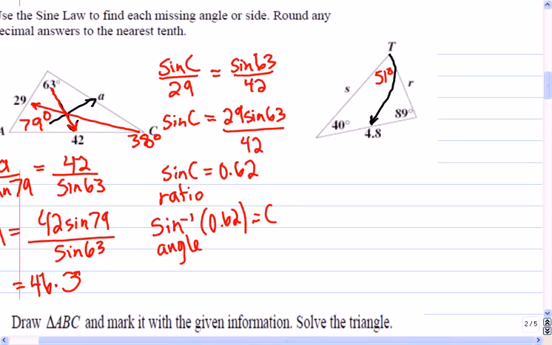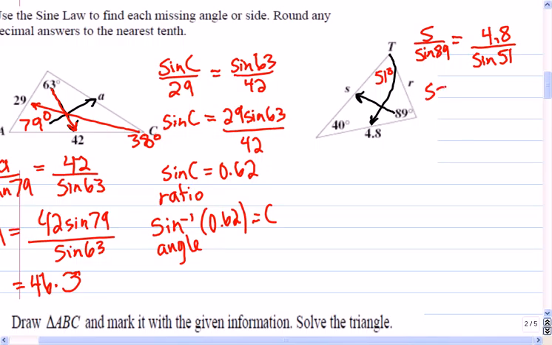So we can pick either side that we want. I'll pick this one. If I'm looking for the missing side, which is s there, then I'll put s on top to make it easy to solve. So s divided by the sine of 89 equals 4.8 over the sine of 51.